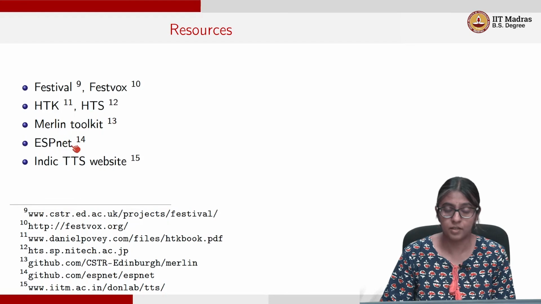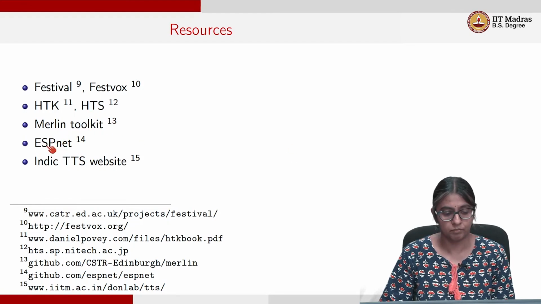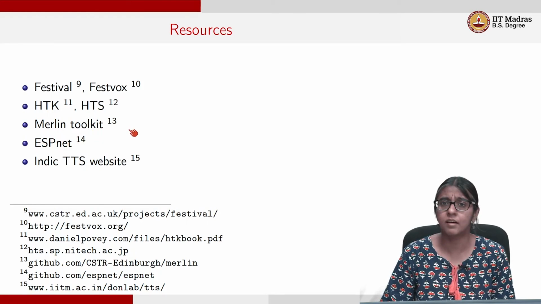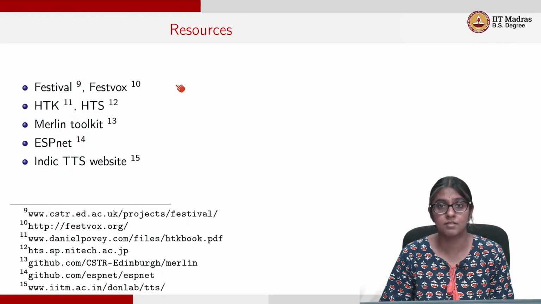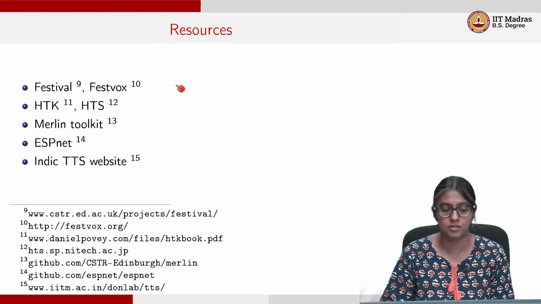We have ESPnet, Johns Hopkins University's toolkit, which has ASR, TTS, speech enhancement and so on. And there are other online resources like NVIDIA Tacotron 2, WaveGlow, and vocoders. Many of the toolkits that we use are mostly open source toolkits.